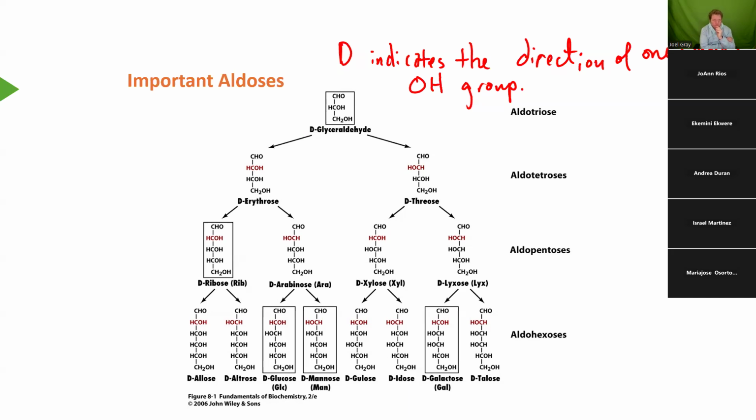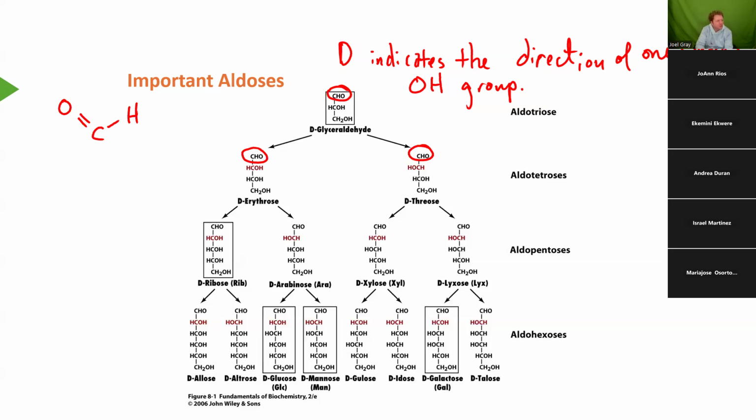Now, what that means is they all have something in common. That's 3, 7, all 15 of these molecules have something in common. We all know that they have carbon number 1 is the same. That CHO is another way of just writing this right here. Okay. So do they all have carbon number 1 in common? Yeah.